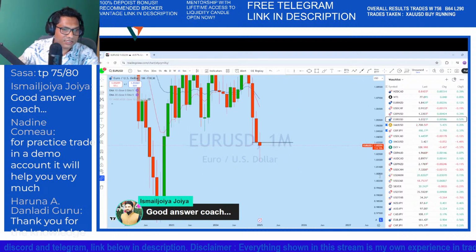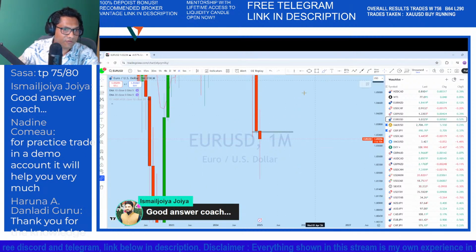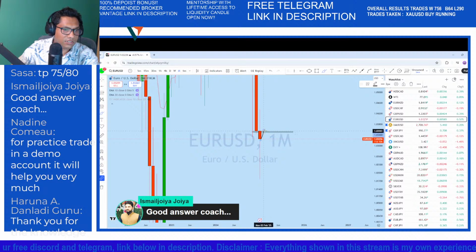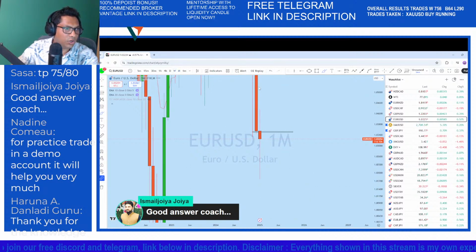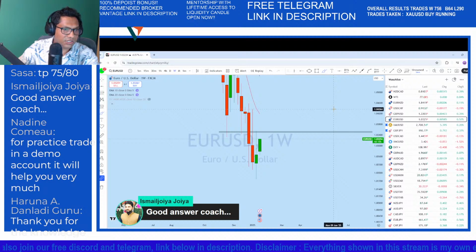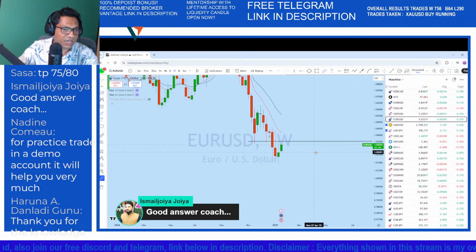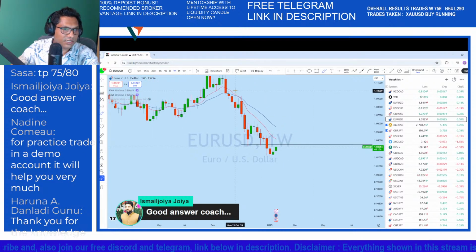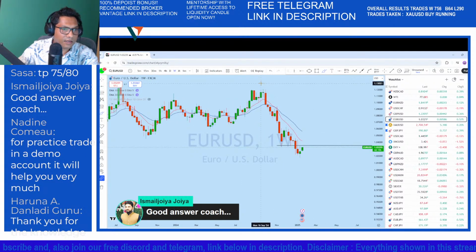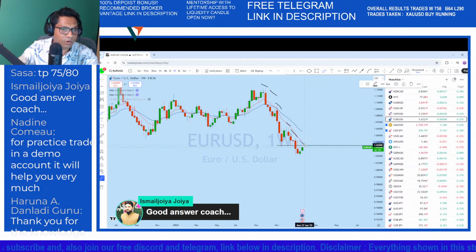With that monthly resistance retest, we can expect the price to reject to the downside again. And if we look at the weekly on EURUSD, we can see the market is approaching that weekly resistance line, creating a series of lower highs.